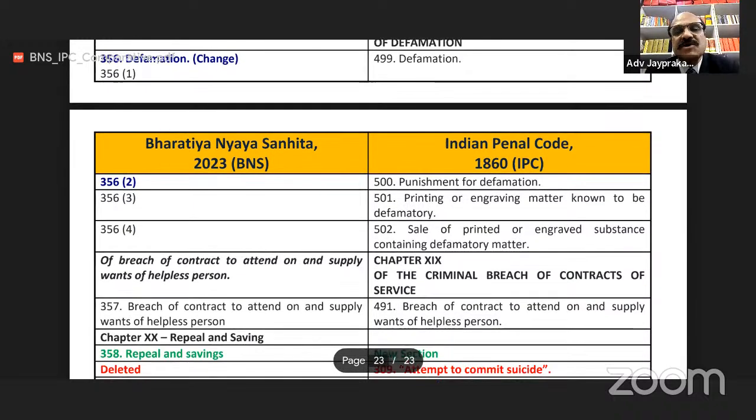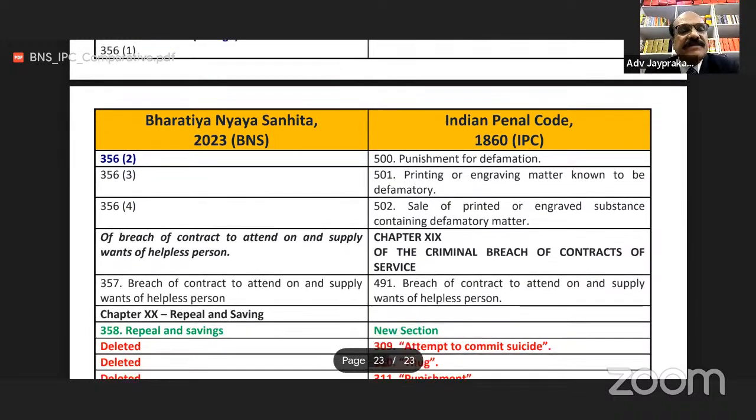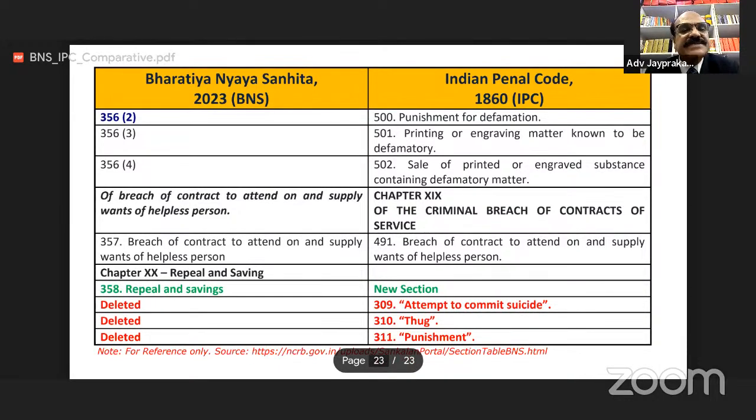Earlier section was 500. BNS section 356(3), printing or engraving matter known to be defamatory. Its earlier section was 501. BNS section 356(4), sale of printed or engraved substance containing defamatory matter. Its earlier section was 502.